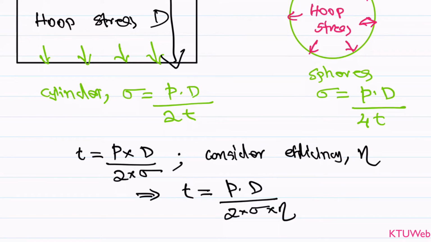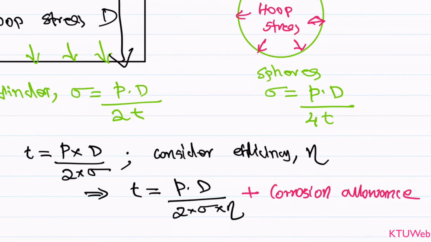And there is another value as well: plus the corrosion allowance. This allowance is given to account for the corrosion we expect within the service life of that boiler. The corrosion allowance is normally in the range of 1 to 3 mm. That means we take 1 mm extra because we expect corrosion within 10 years or 20 years and so on. That will be given in your problem, otherwise you can assume it.